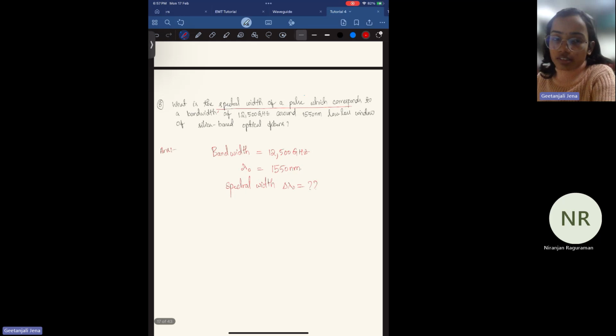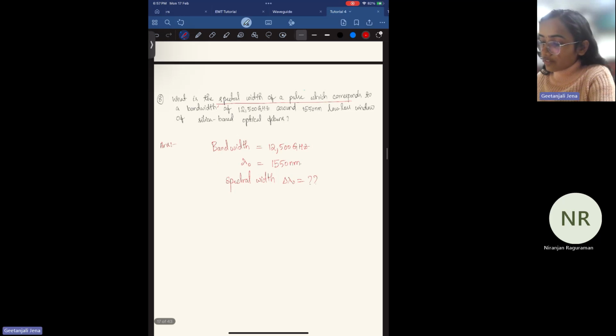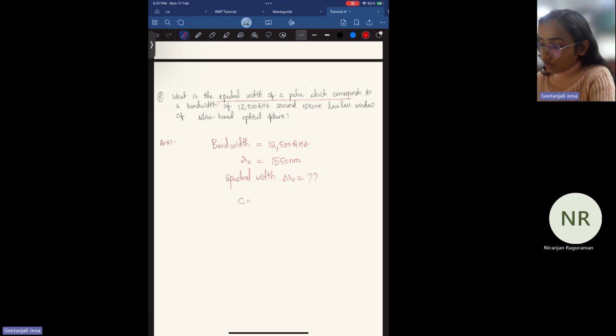So how can you calculate it? It's based on the fundamental relation between the frequency and the wavelength. In free space we have C equal to frequency into lambda, right?